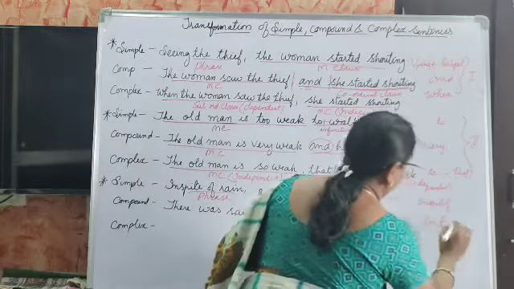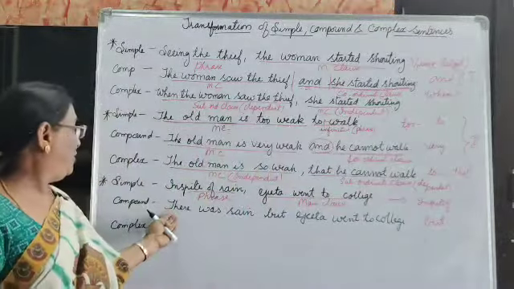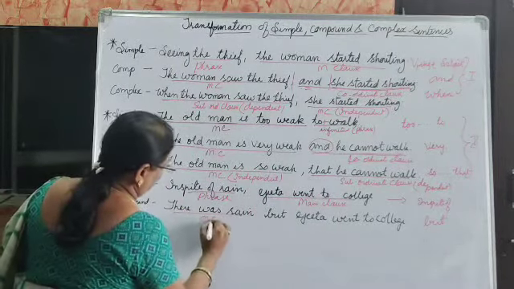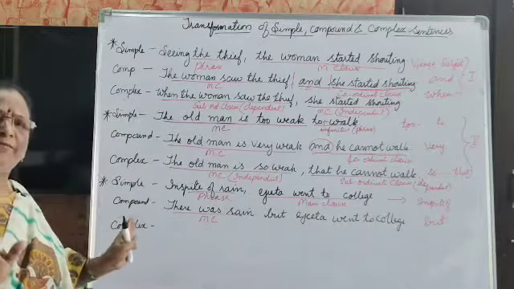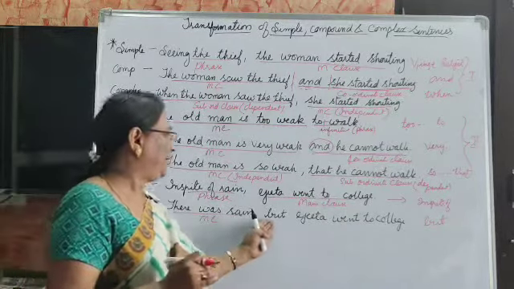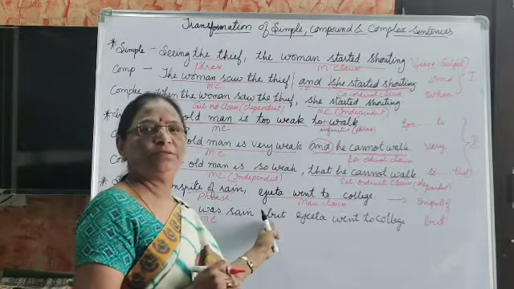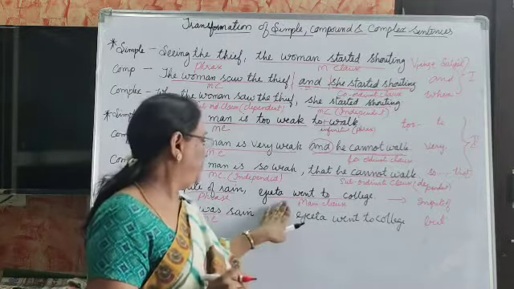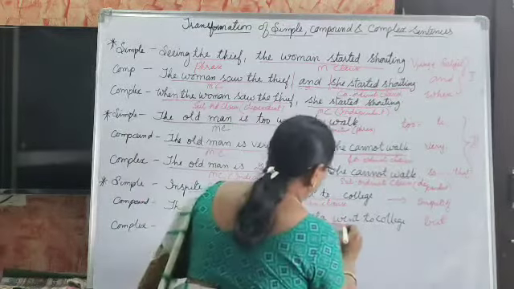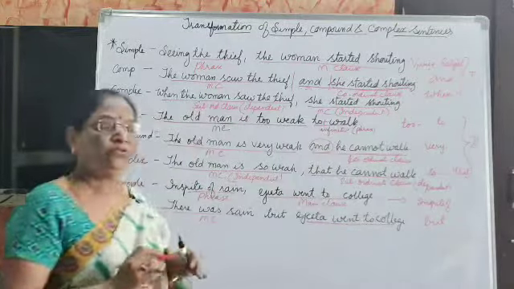"There was rain" is a complete sentence, we have some meaning. When we remove "but," "Geeta went to college" is also independent.